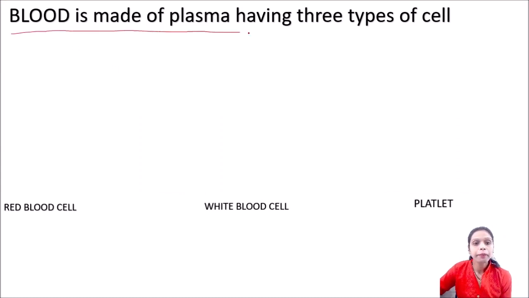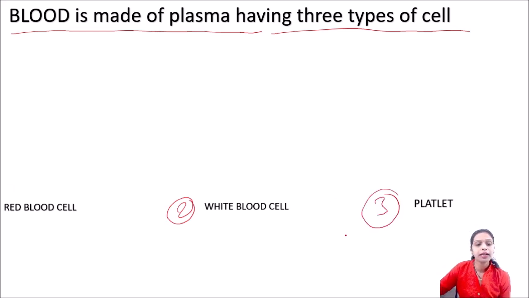Blood is made of plasma having three types of cells. First is the red blood cell, second is the white blood cell, and third is the platelet.